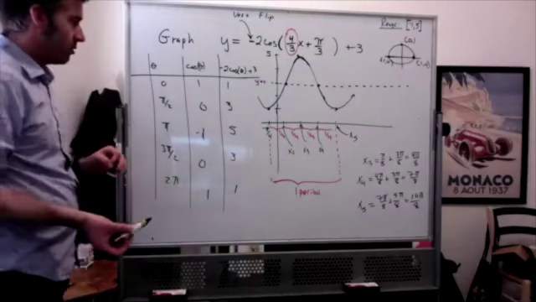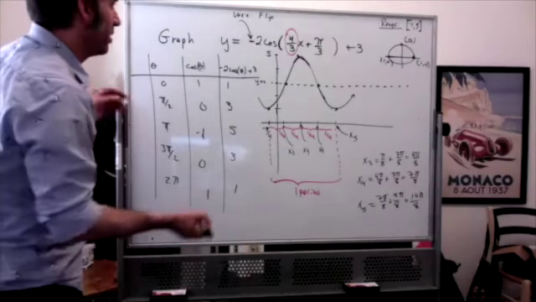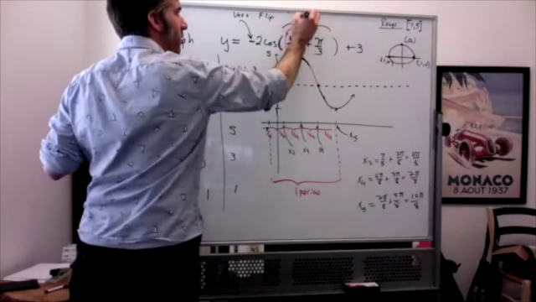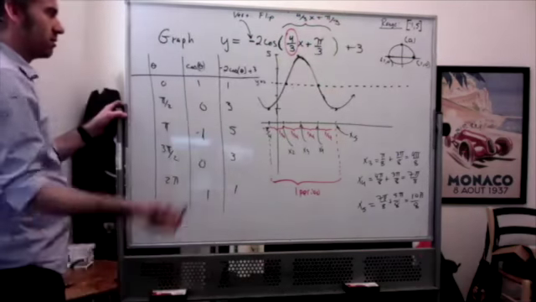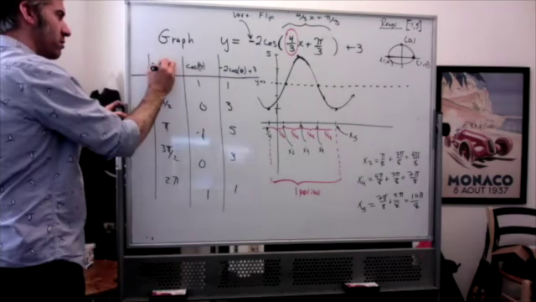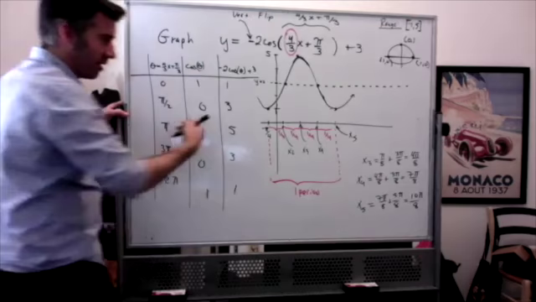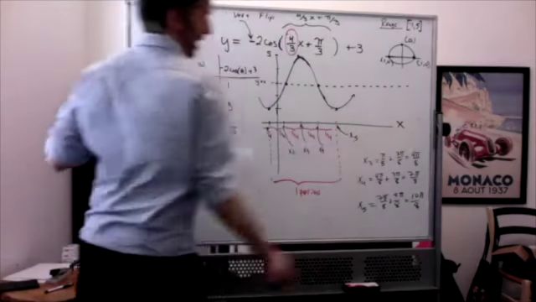Okay. But these aren't the angles we used. The reason is that your angle here, theta, is 4/3 x plus pi over 3. We're not graphing theta, right? This is not the theta axis, this is the x-axis.